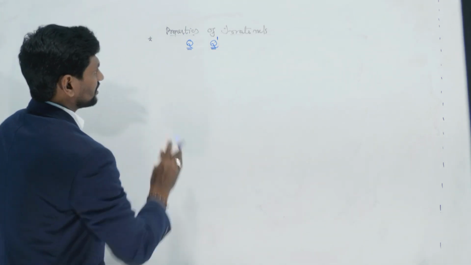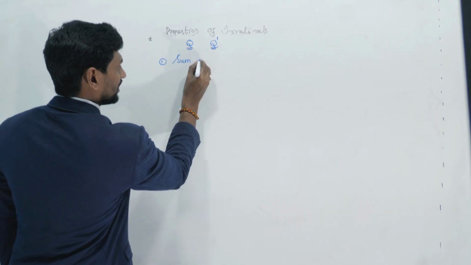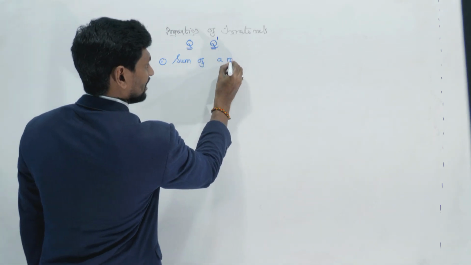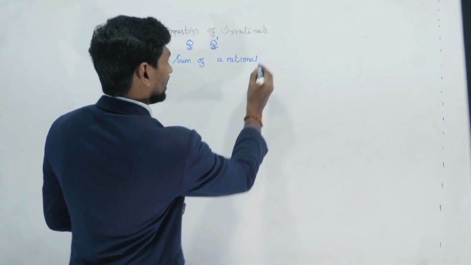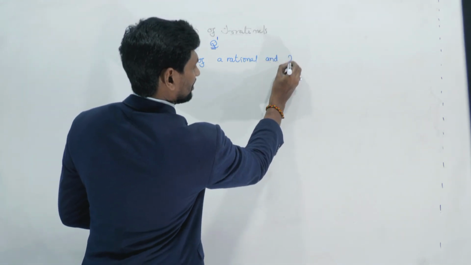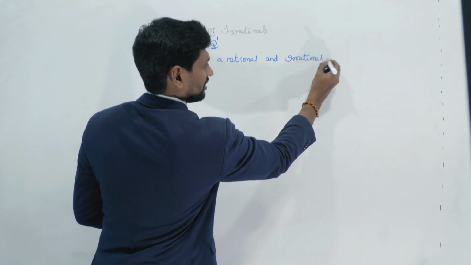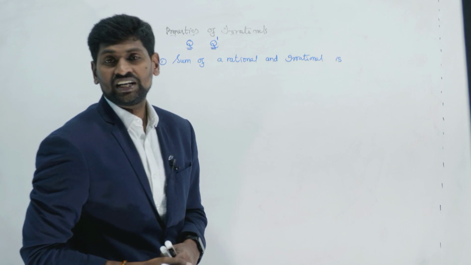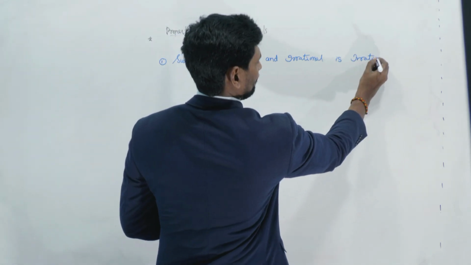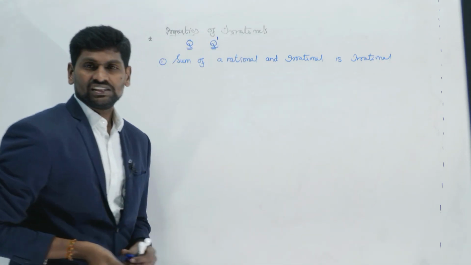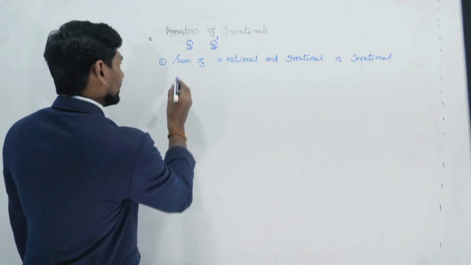So, the first property: the sum of a rational number and an irrational number is irrational.